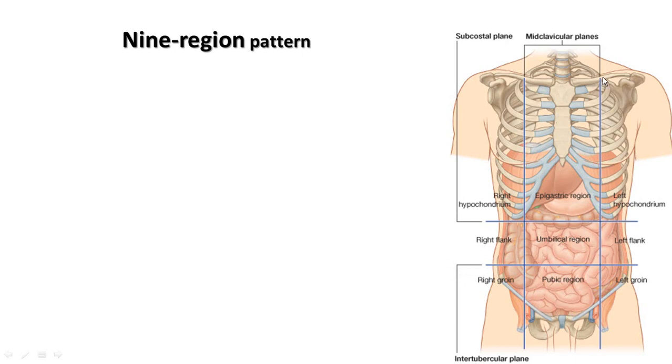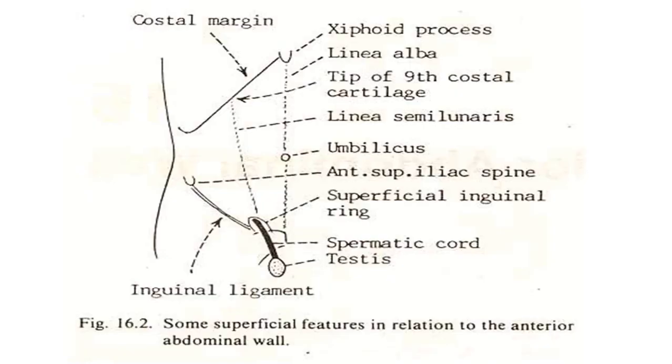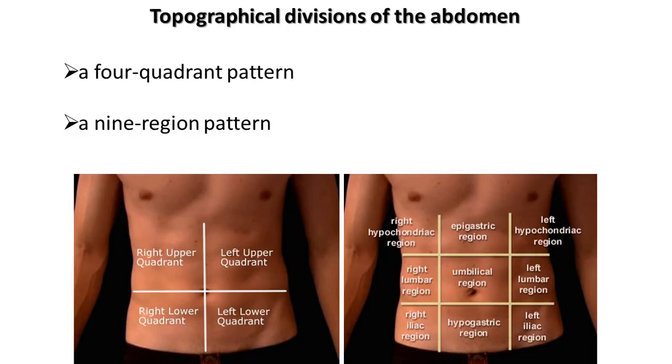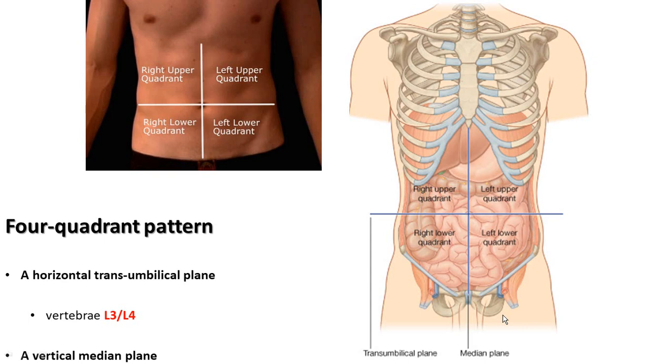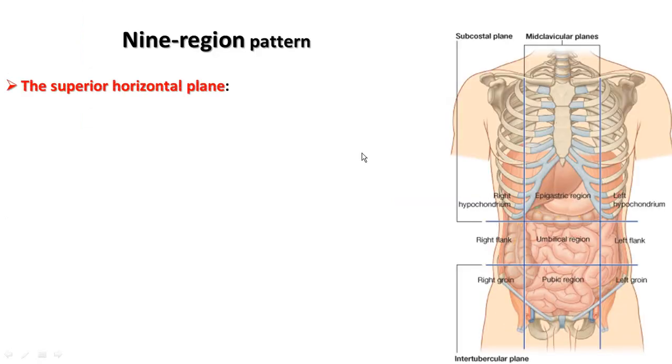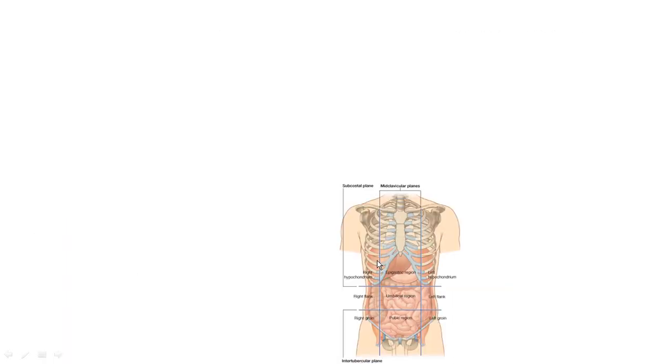The vertical planes are the midclavicular planes, and the horizontal planes are the transpyloric plane and transtubercular plane, as you can see in this picture. And thus we have nine regions.